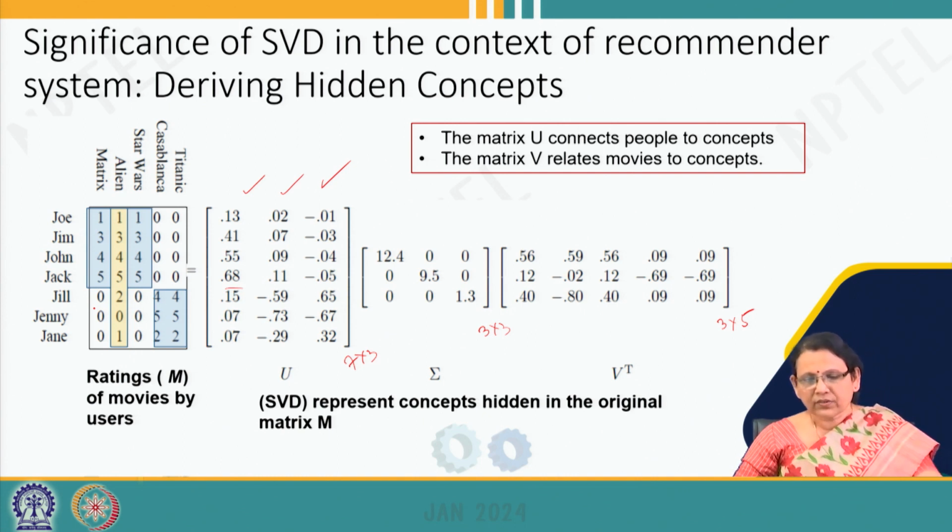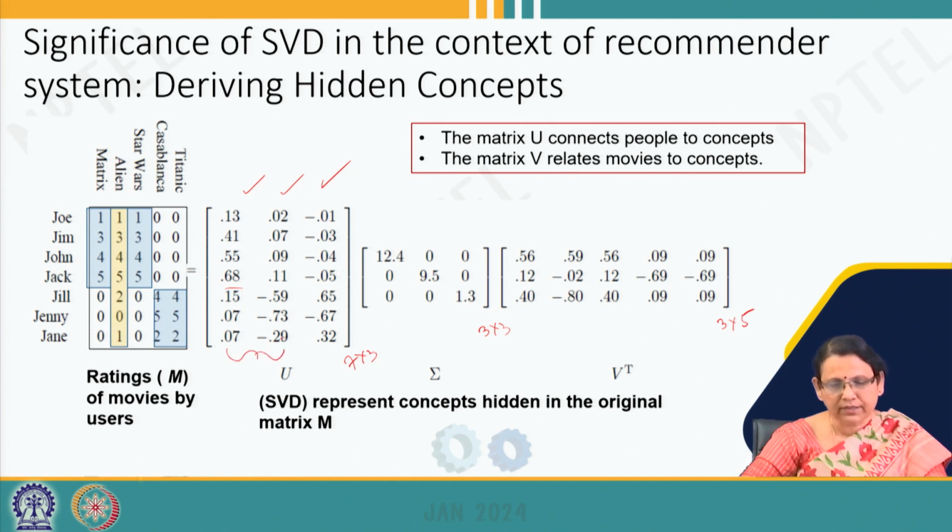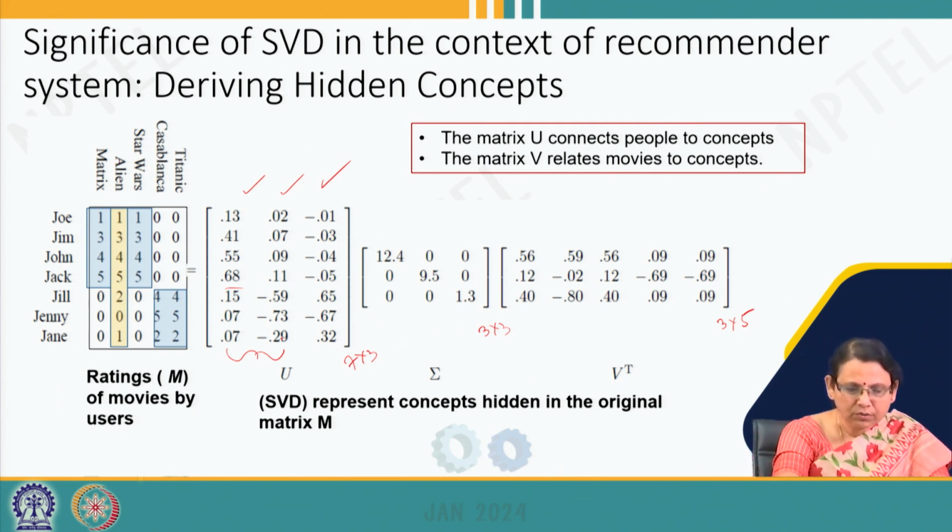So, still, continuing in the same manner, we can say matrix U connects the people to concepts. Which means now instead of using all these 3, we can use any 2 of these which maximally describe the concepts liked by this set of people.